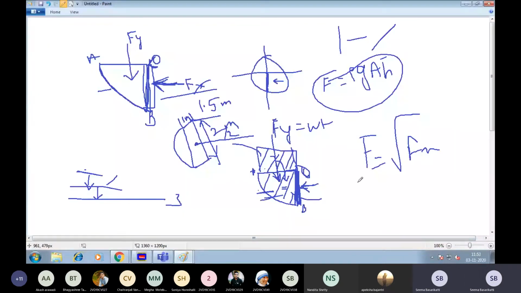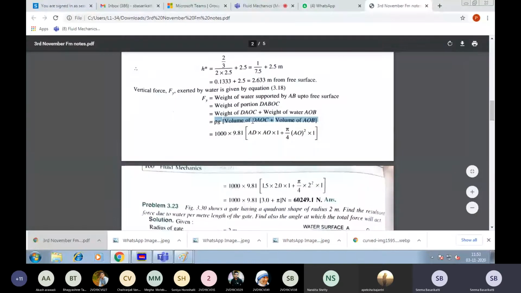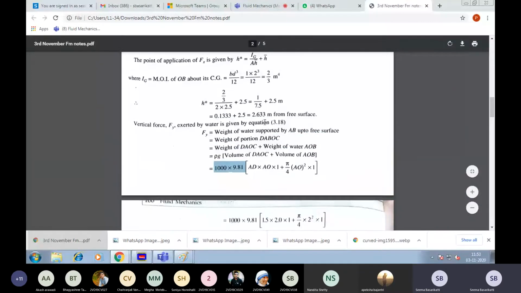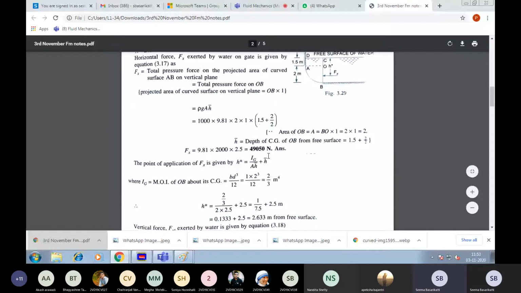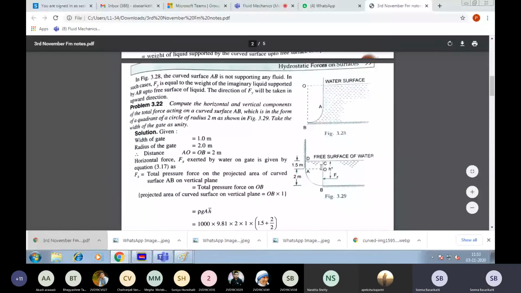Density is weight divided by volume, so weight is rho into volume. For specific weight, rho is multiplied by g. So this is rho g into the volume of DAOC plus the volume of AOB. Rho g terms are common, so take them outside.